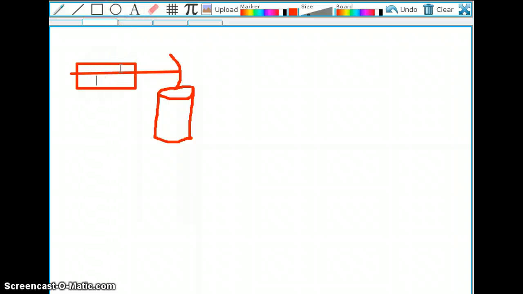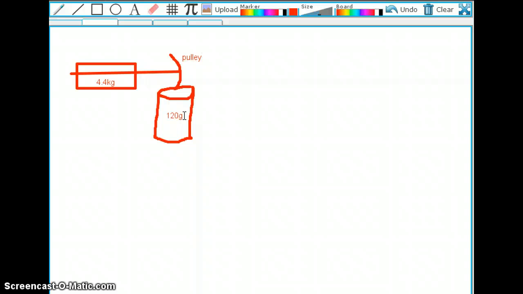We know the mass of the block is 4.4 kilograms. We also know the mass of the bucket is 120 kilograms. Not kilograms, I'm sorry, grams. And this right here is your pulley. Okay, so this is your rough sketch.